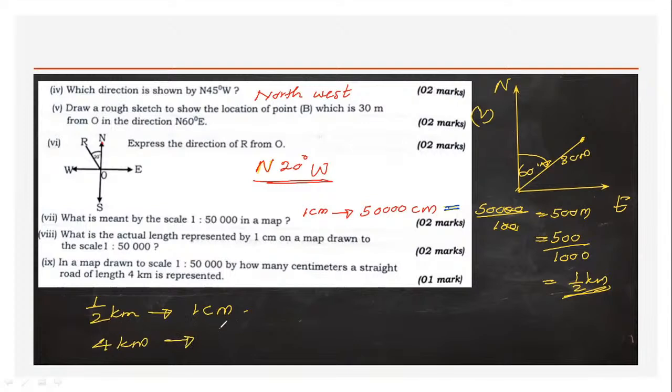If 1 is representing half, we have to multiply 4 times 2. Sorry, 8 centimeters, because half a kilometer is 1 centimeter, so 1 kilometer is 2 centimeters. Then 4 kilometers, 4 times 2, 8 centimeters we have to draw in the book, right?